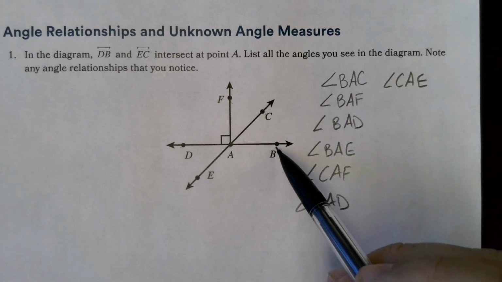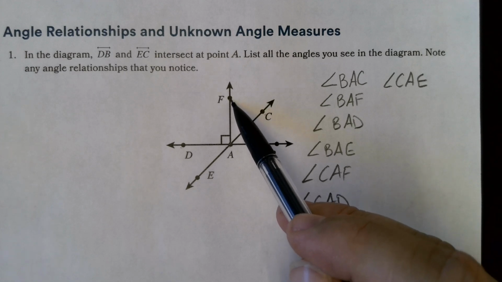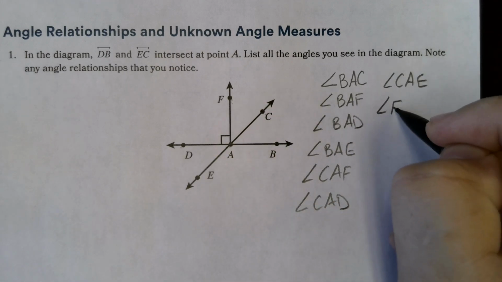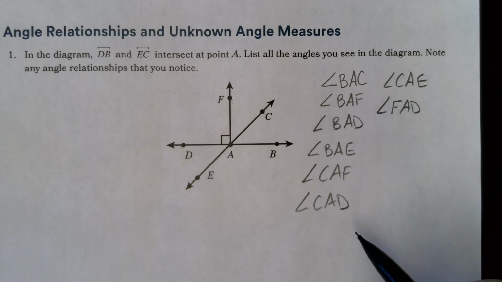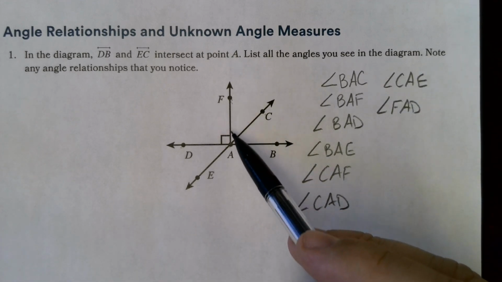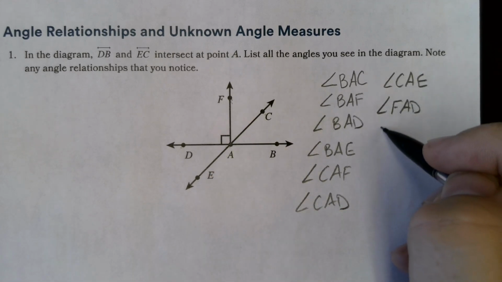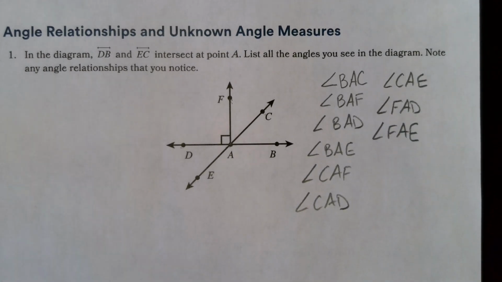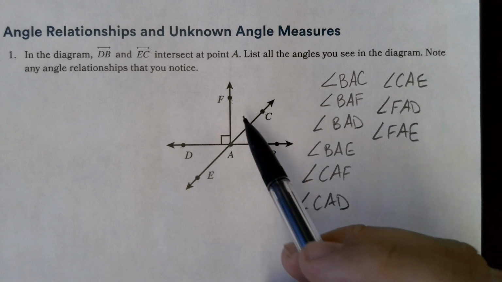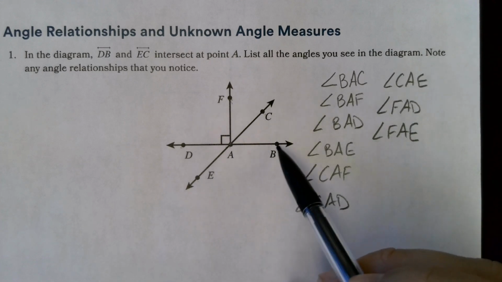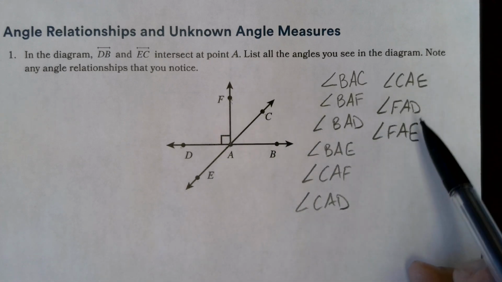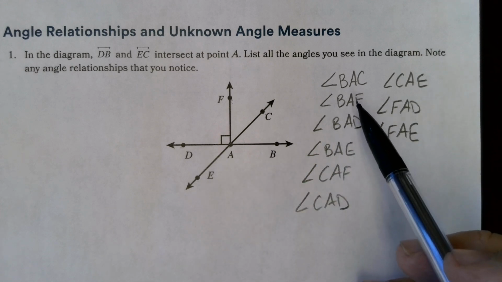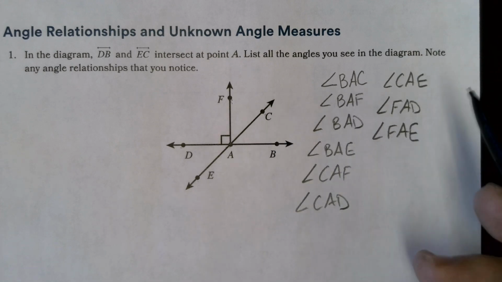If I'm just going around here, I still have F to A to D. So I have angle FAD. I have FAE. If I try to go FAB or FAC, I've already listed those, the CAF or the BAF.